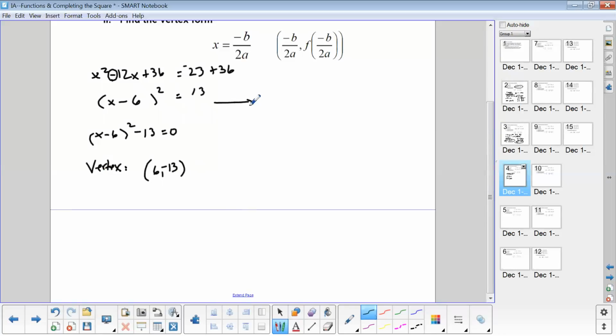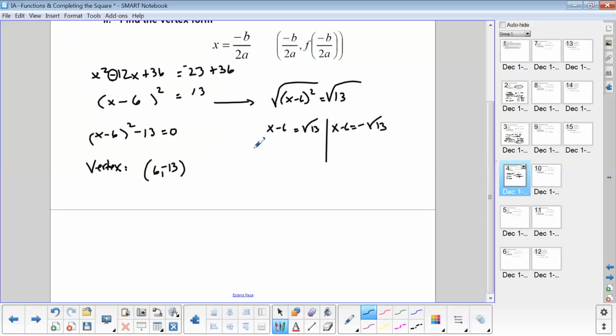And then if I come over here and I want to solve this, then I'm going to take the square root of both sides, and I'm going to get x minus 6 equals the square root of 13, and x minus 6 equals negative square root of 13.